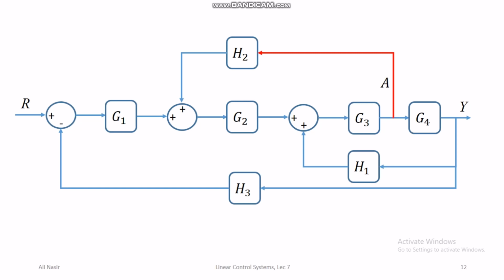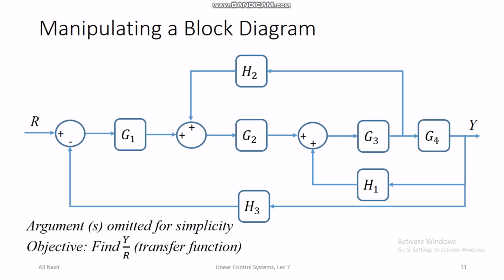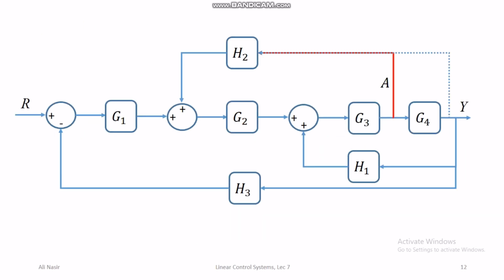There is a loop G3 G4 H1, and in the middle of that loop this branch is going out. We want this branch to come not from the middle of the loop but from the side of the loop. We want to make our loop independent of this branch.